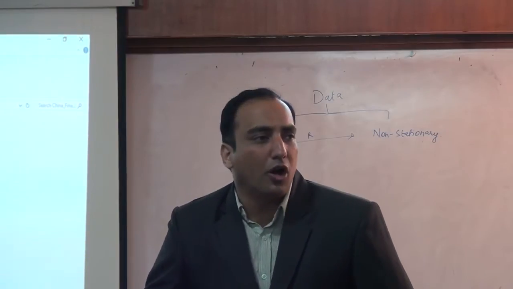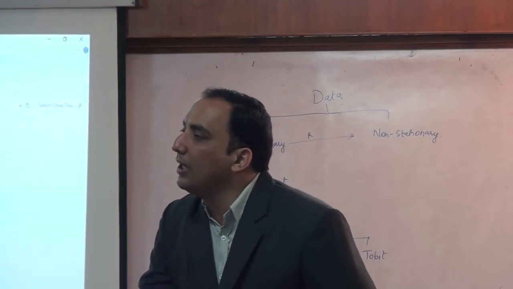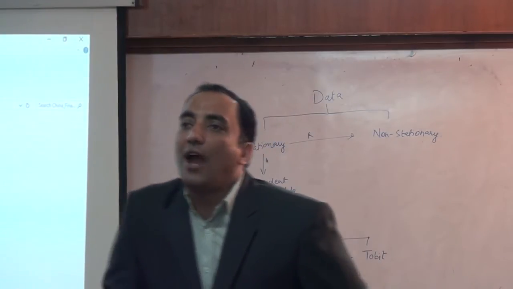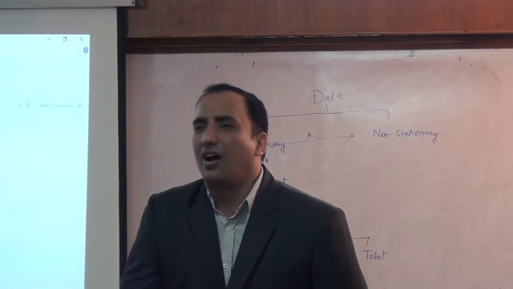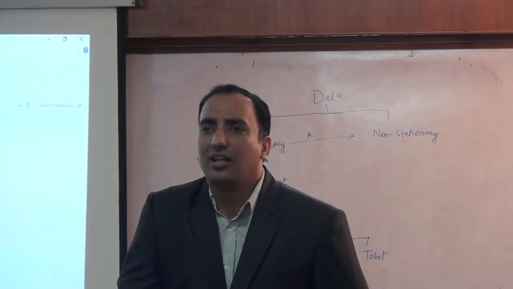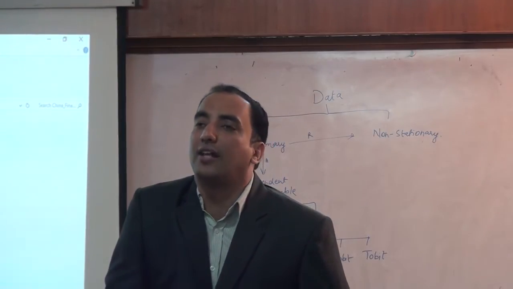No. Why not? Because probability always lies between 0 and 1. If I get that the probability of him doing something is 2.1, it does not make any sense. Or the probability of doing something is minus 2.7.